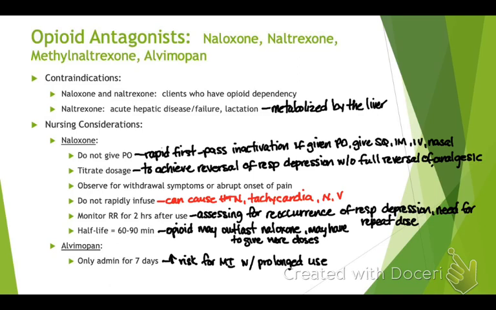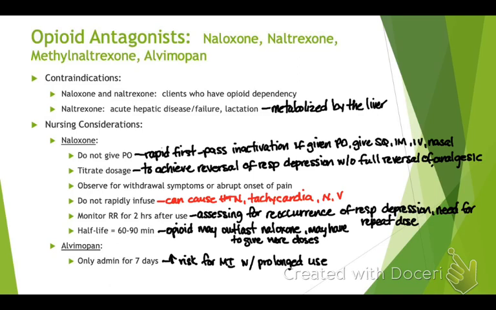With naltrexone, patients with acute hepatic disease or hepatic failure, you don't want to give the opioid antagonist medications, and patients who are lactating also, because it is metabolized by the liver, so the patient will metabolize it and then pass it through the breast milk as well.